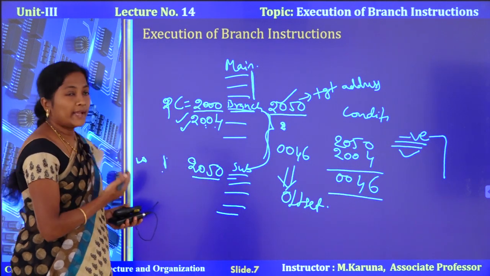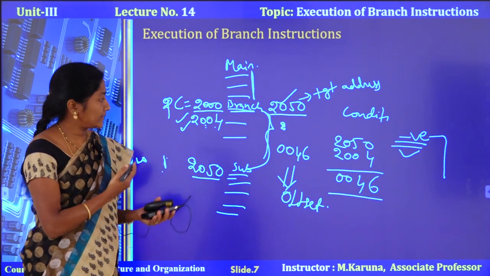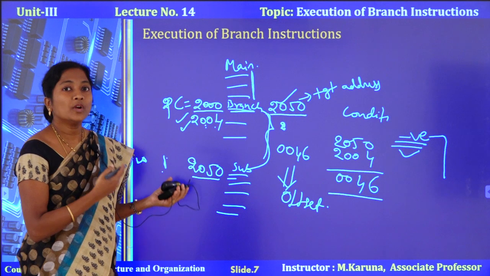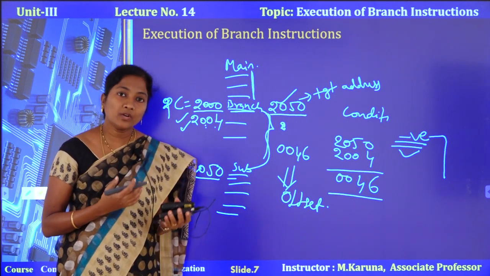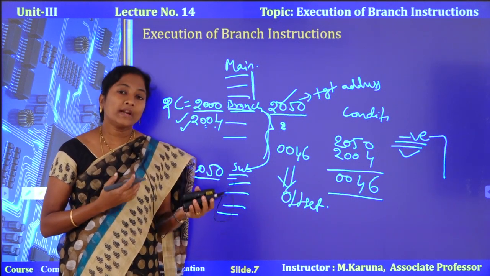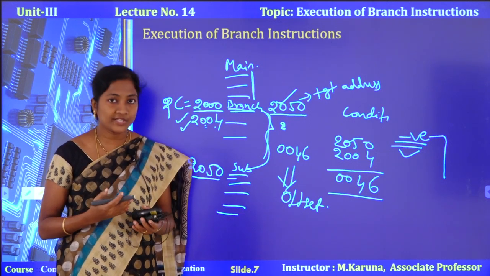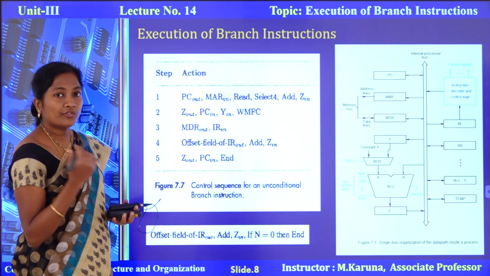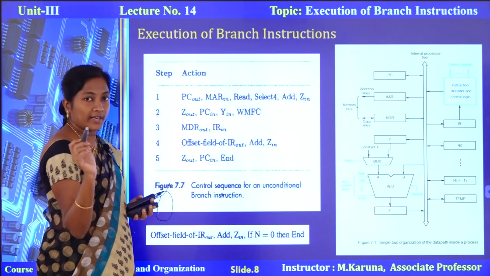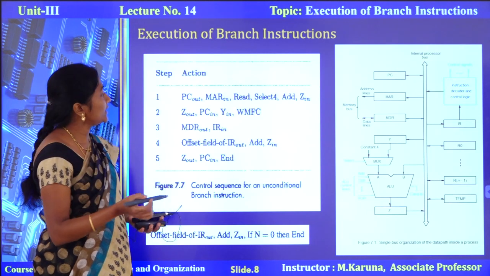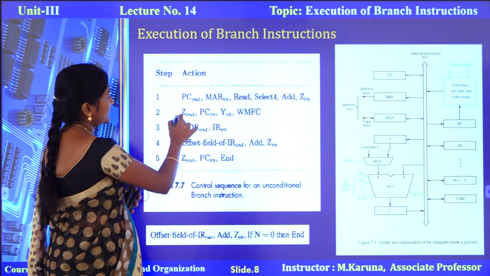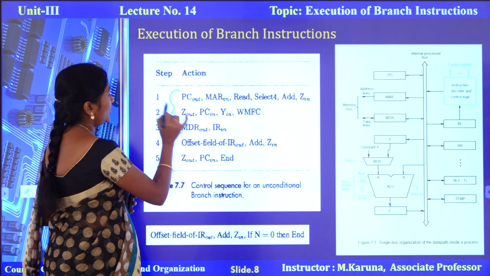So, to execute this kind of programs, we need some control signals. Let us see what control signals are required to perform a branch instruction also. For the execution of a branch instruction, as we already discussed, the instruction is fetched from the memory location.